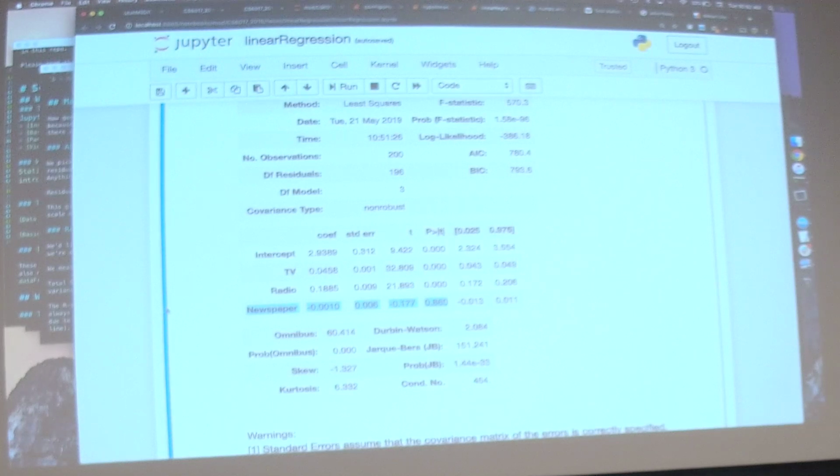So this coefficient could very well be 0. If you look at the range of possible values, it's from about negative 0.01 to 0.01. There's a good chance that it is actually 0. There is no relationship between newspaper and sales. So why would we have seen that before? When we looked at just newspaper, there was a little bit of relationship.